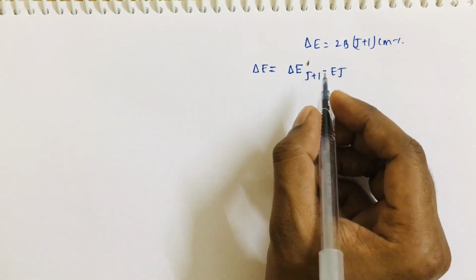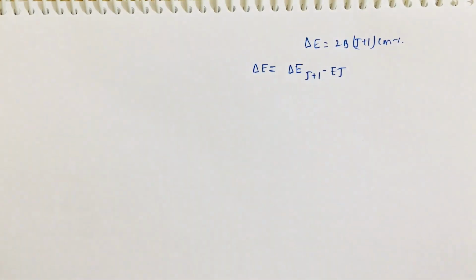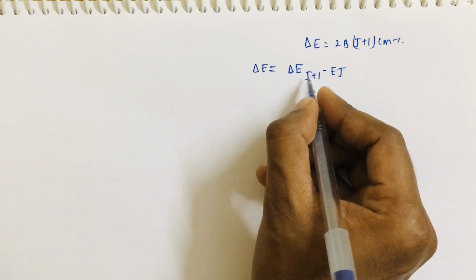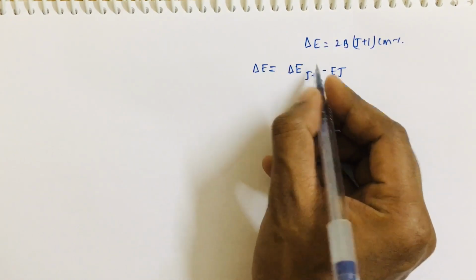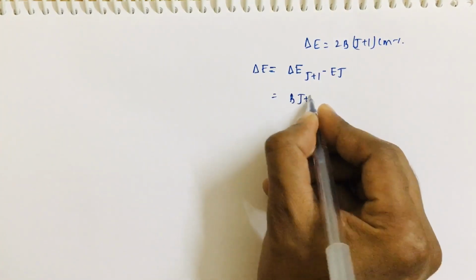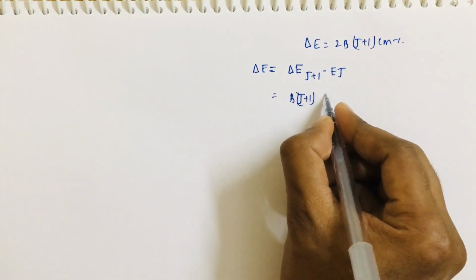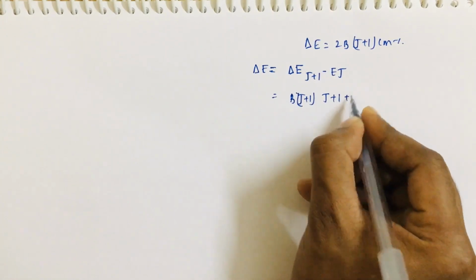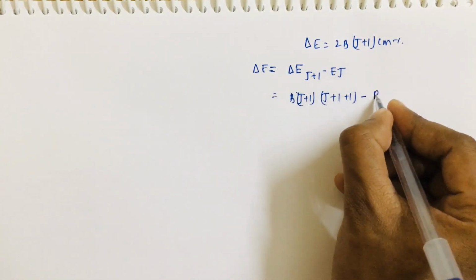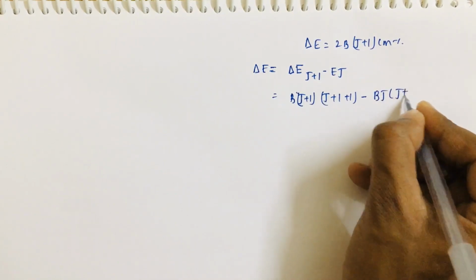Okay, now this we can write like this: B(J plus 1)(J plus 1 plus 1) minus EJ, which is BJ into (J plus 1).